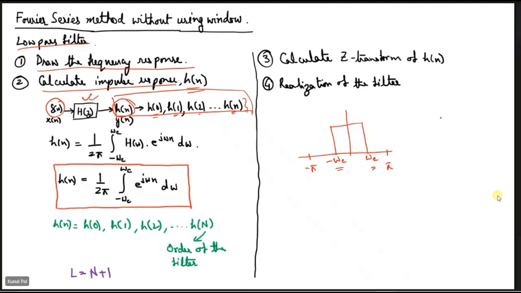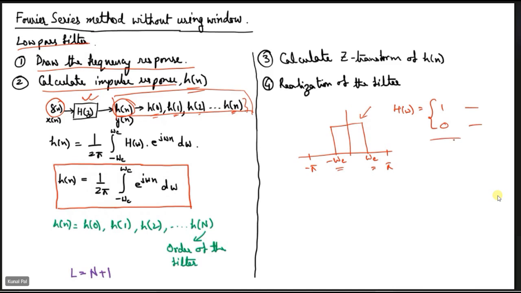We'll be given some characteristics of our filter, the frequency characteristics of the filter, something like this. Our H of omega is equal to, say, 1 in some region and 0 in some region.